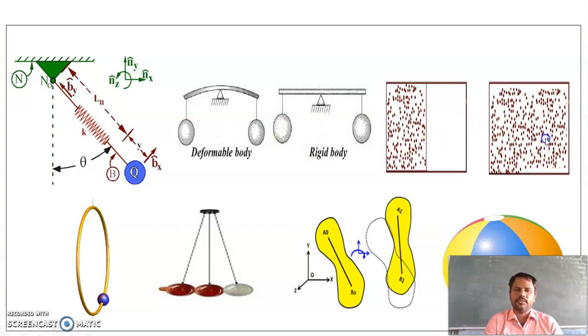Gas expansion or contraction in a container is an example of a rheonomic constraint. A bead sliding on a uniformly rotating wire is an example of a rheonomic constraint.